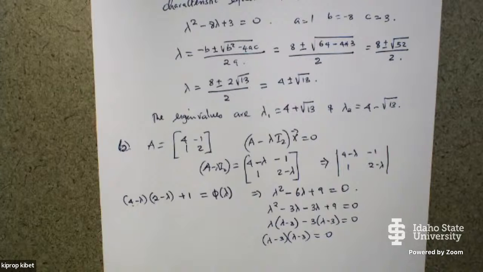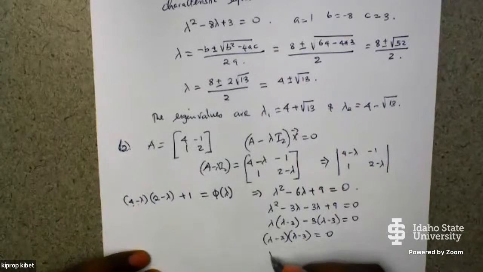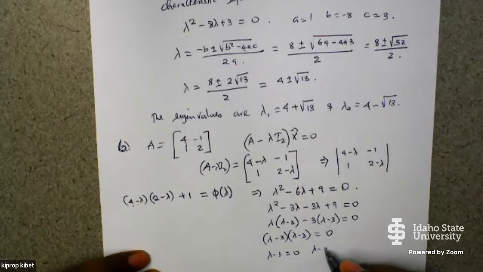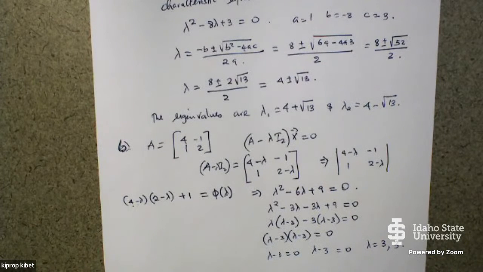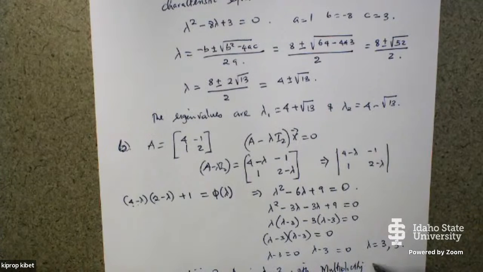Now using the zero product property, lambda minus 3 equals 0, lambda minus 3 equals 0. So lambda equals 3, or also lambda equals 3. So the eigenvalue of A is lambda equals 3 with multiplicity 2.